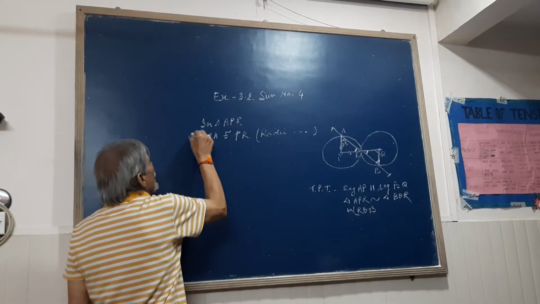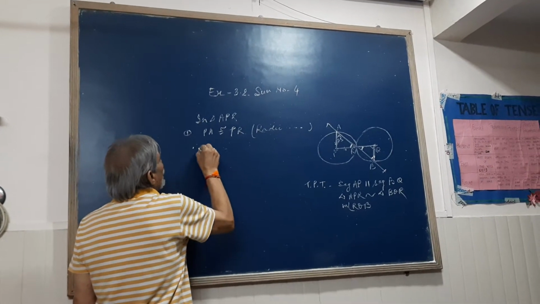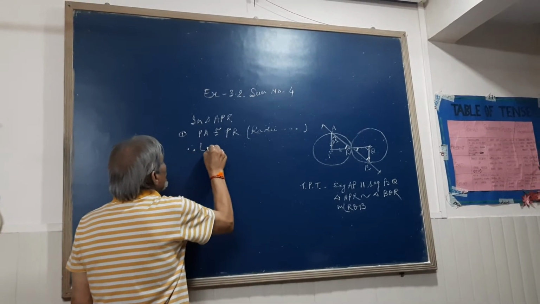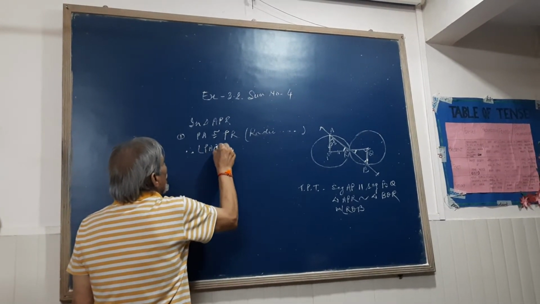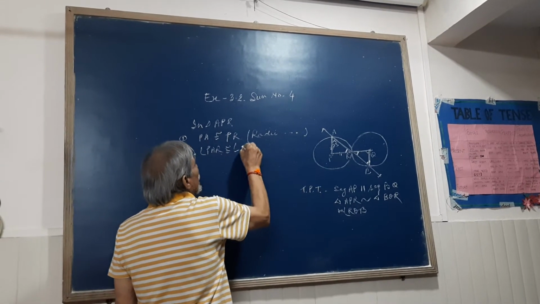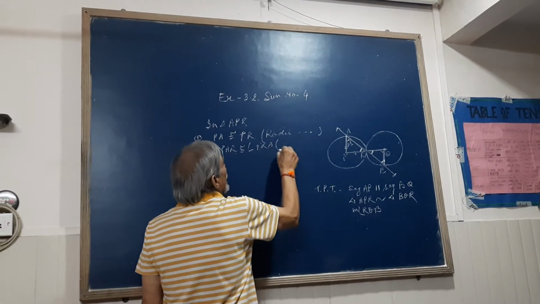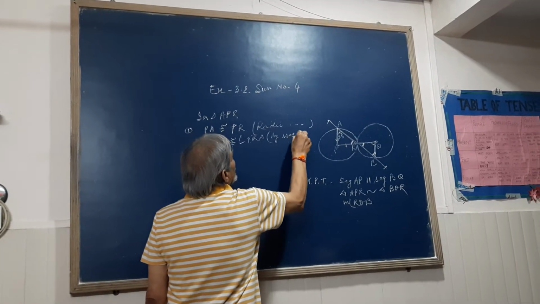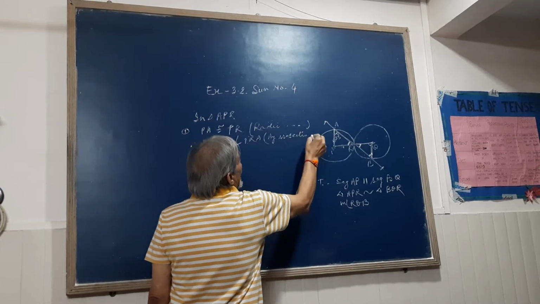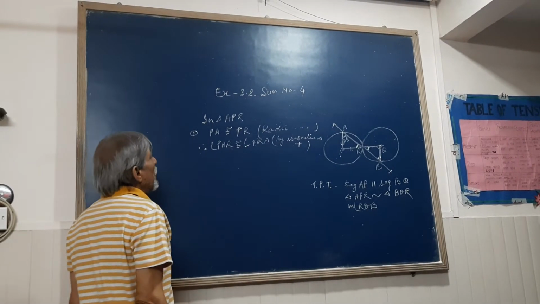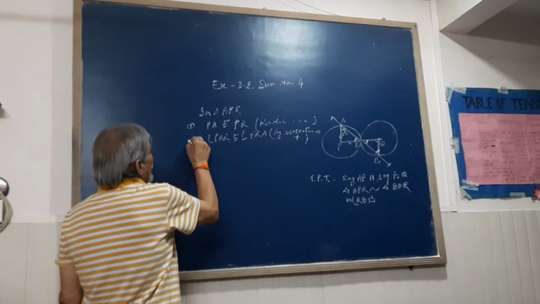Therefore, angle PAR is congruent to angle PRA by isosceles triangle theorem.